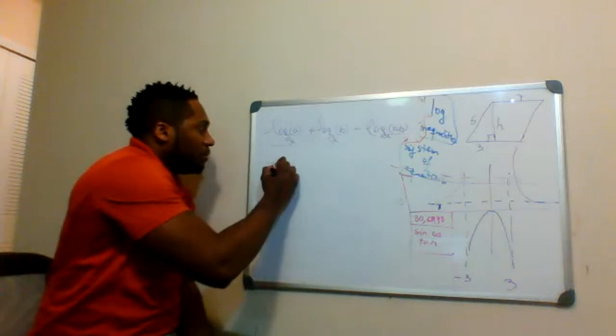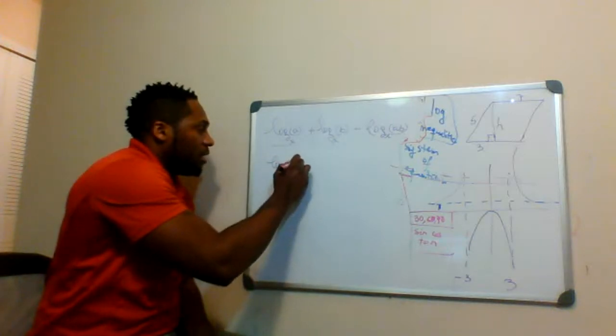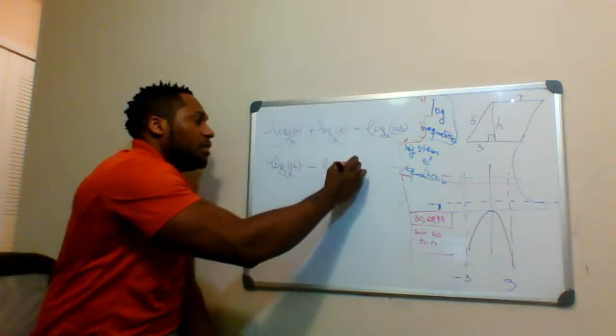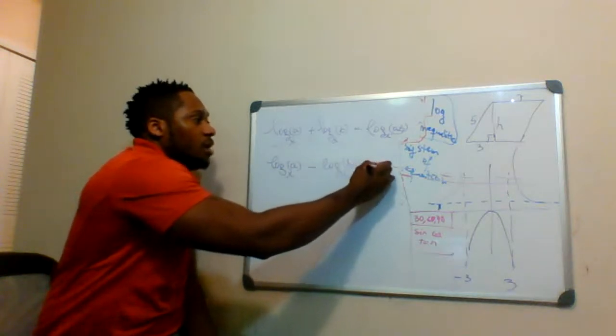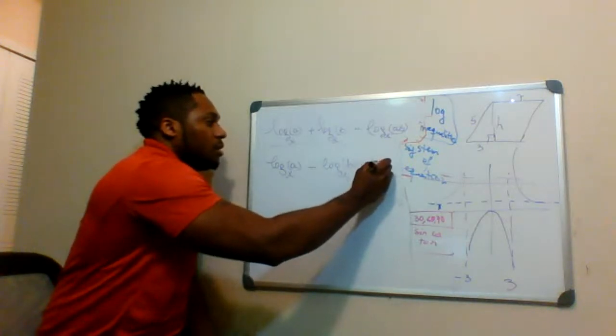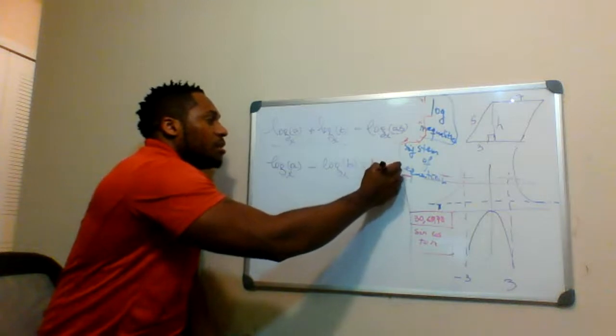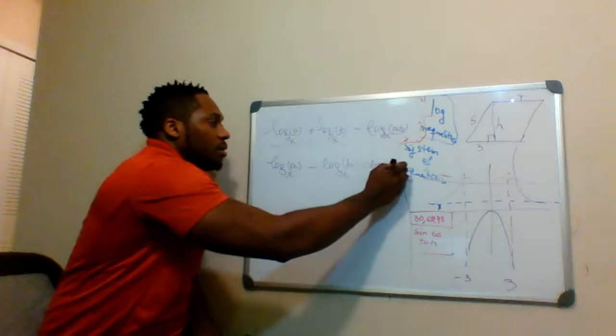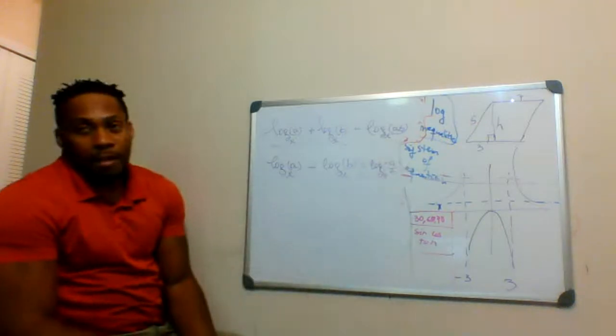So by the same token, log base x of a minus log base x of b is equal to log base x of a over b. Right?